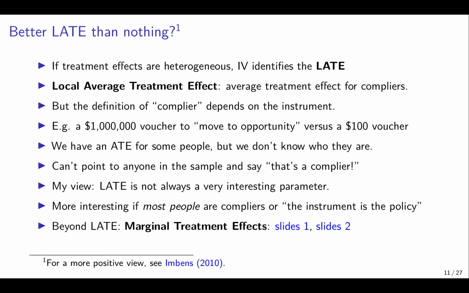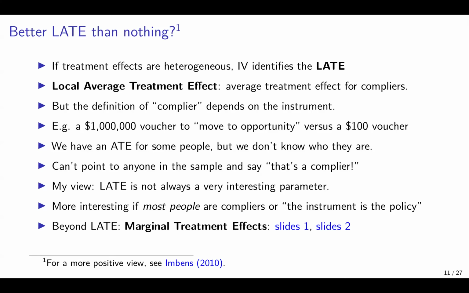If the voucher makes it really, really, really attractive, really, really easy to move, more people are likely to respond to the voucher by moving. On the other hand, if the voucher barely defrays the costs of even taking a day off work to look for a new house, very few people might be induced by that voucher to move. So what we've got here is an average treatment effect. It is actually an ATE.